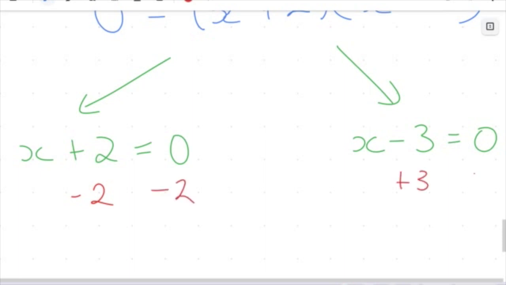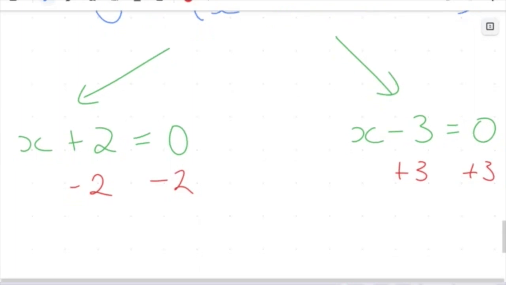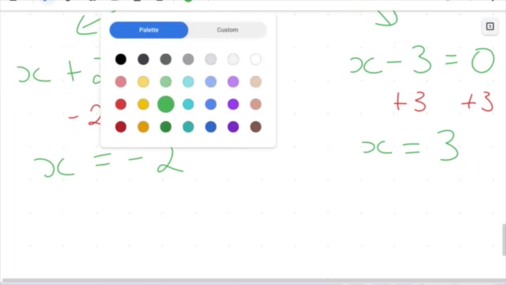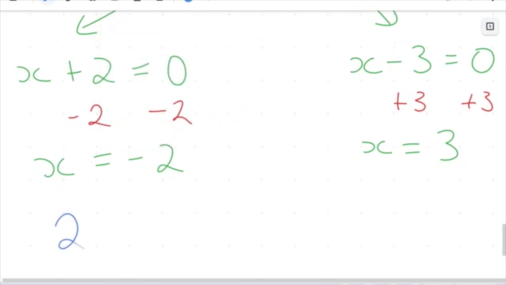To solve this one, I'm adding 3 to each side. And that's going to give me x equaling minus 2 here, and x equaling positive 3 here. So that means I have, once again, 2 x-intercepts for my equation. Or for my parabola, I should say, because now we are applying these equations to our parabolas.